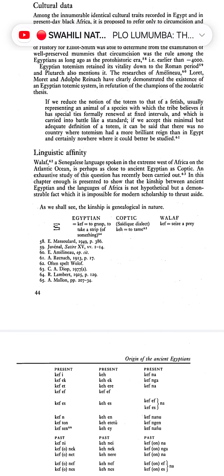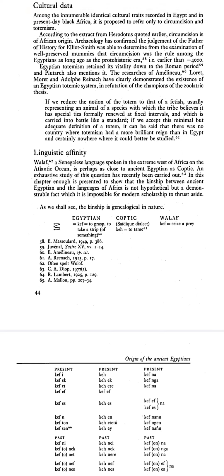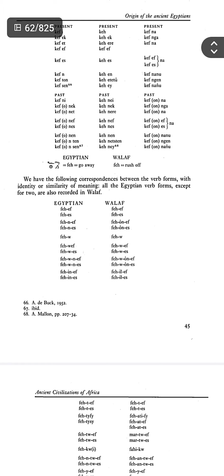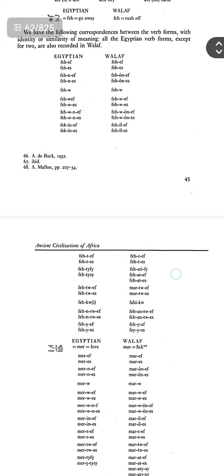I think that it is very interesting to know the truth behind even the correlations of languages. So it gives you some references to Egyptian words and Wolof words. Very good to know when it comes to how close Egypt and places like Senegal have a continuum of history.